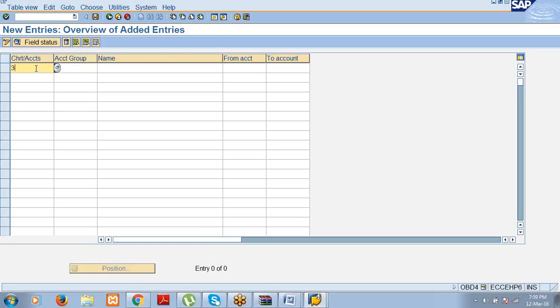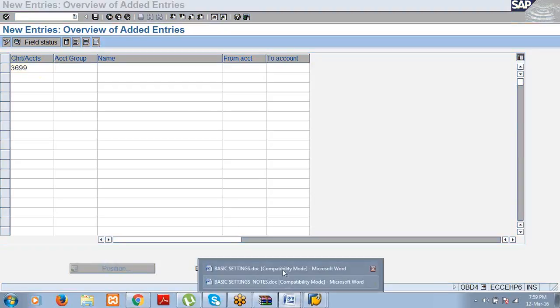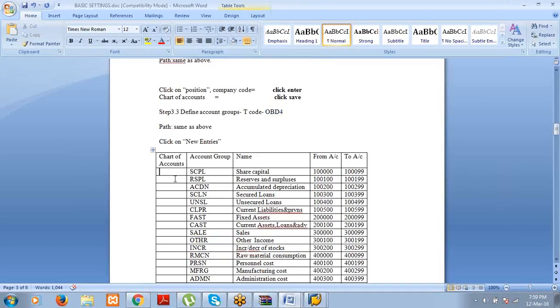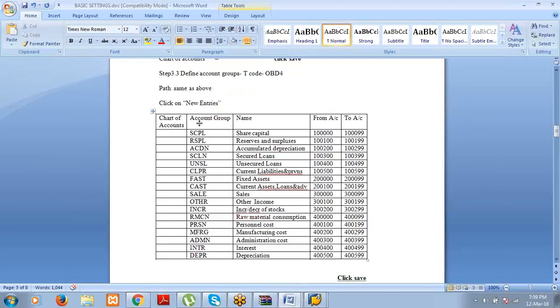So chart of accounts is equal to 3699. And look at the material once. Here, in every row, you please write 3699, chart of accounts. So these are the account groups what I am going to create in our company code. I mean, in our chart of accounts. So for every row, you just write in the material 3699.